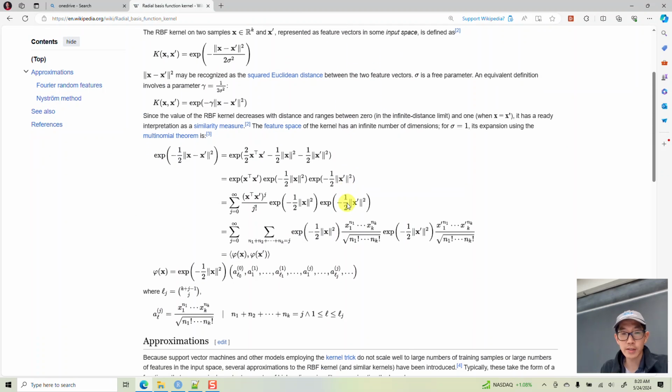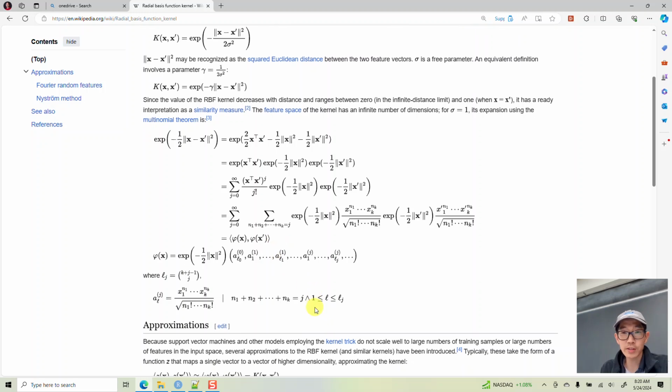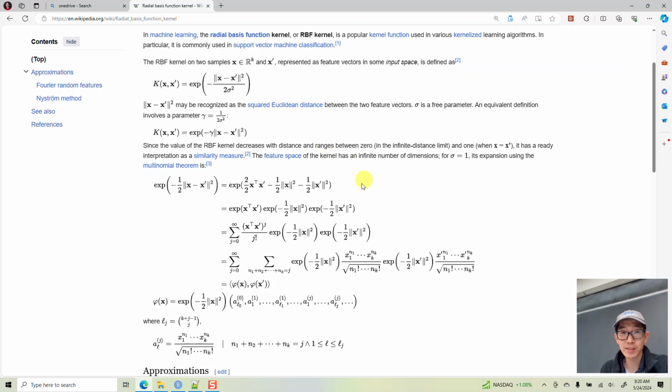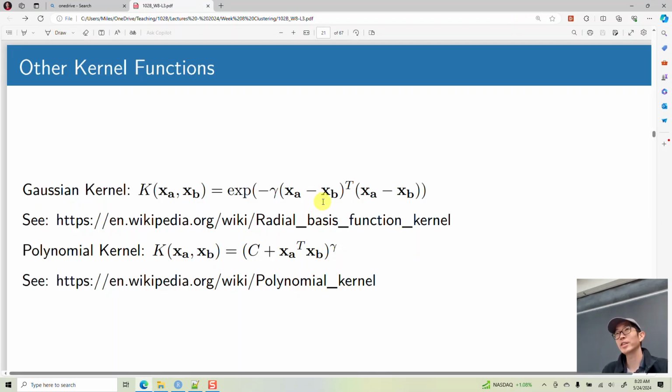Is that it is equivalent to an infinite dimensional function that, when we transform it, transforms xa and xb into these infinitely long vectors.